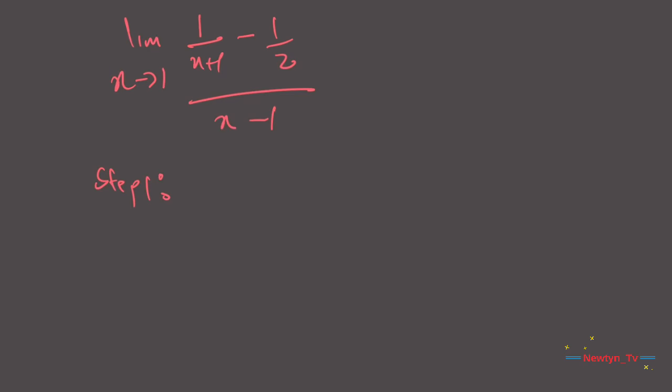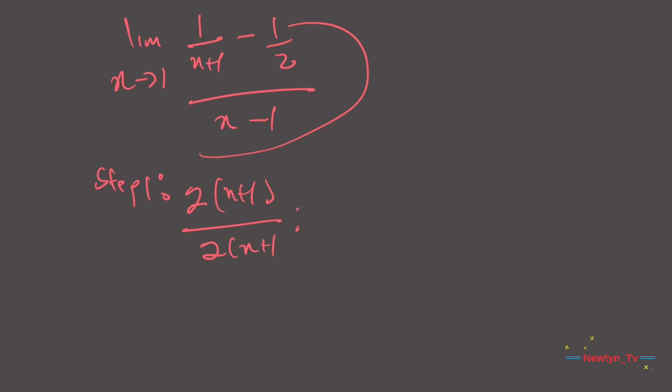When you put 1 into this function, you get 0 over 0. So we need to simplify the algebraic fraction by multiplying by 2 times x plus 1 over 2 times x plus 1.